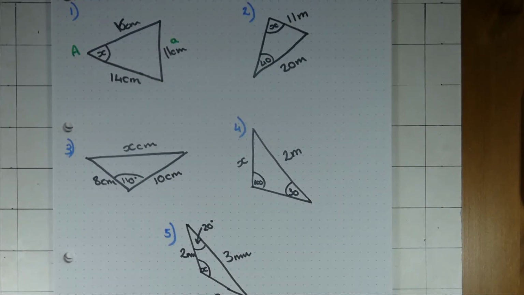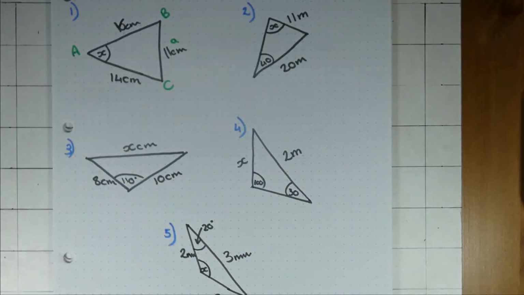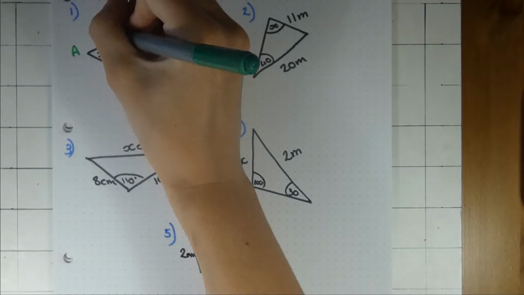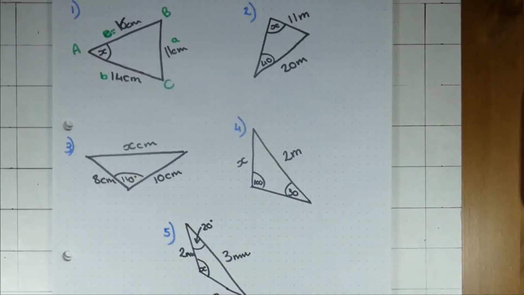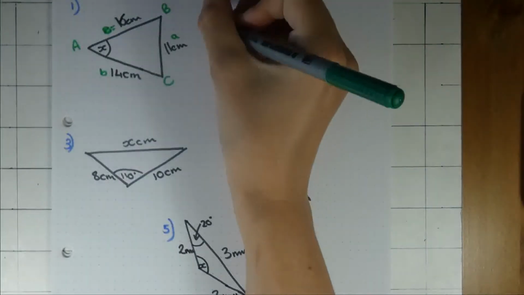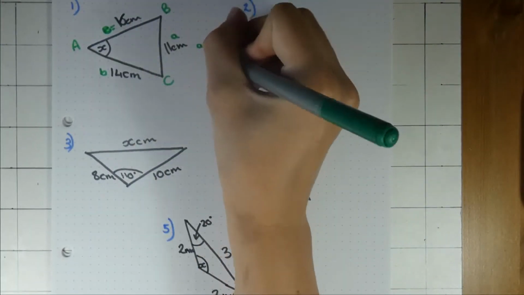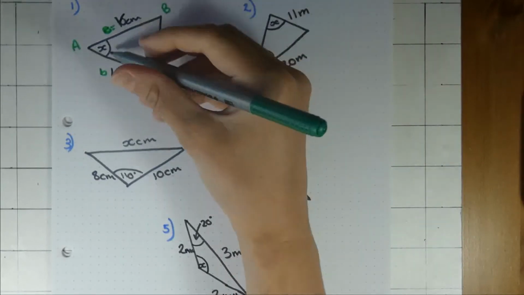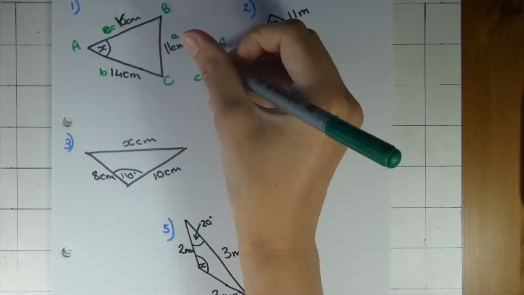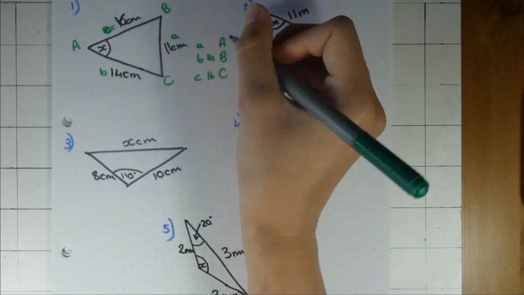And then in both the cosine rule and the sine rule, it does not matter whether the other two are B or C. So we have little b, we have C, and opposite we have a little b. You make your list. So we have little a, little b, little c, big C. And we put in the information we have. So 16, 14, 11.